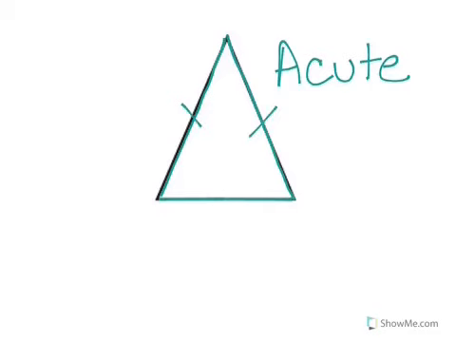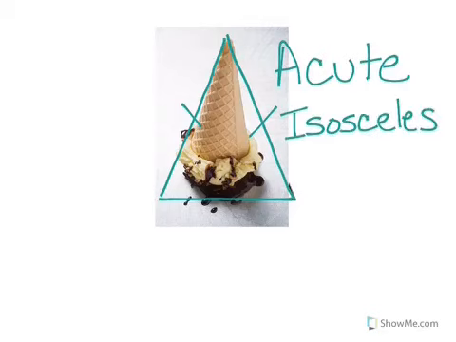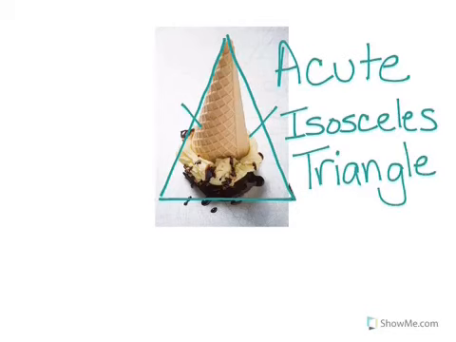So clearly we have two equal sides. If I turn this triangle upside down, it would make an ice cream cone. So here is my ice cream cone upside down. So I know it has to be an isosceles. So the name of this triangle is an acute isosceles triangle.